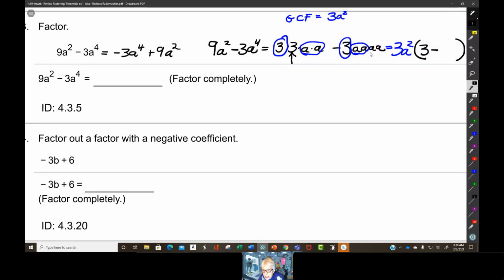And there are two A's here. So A times A. So my answer is going to be 3A squared, parentheses 3 minus A squared.